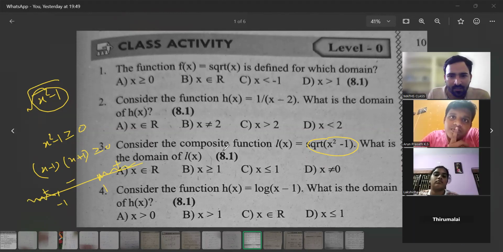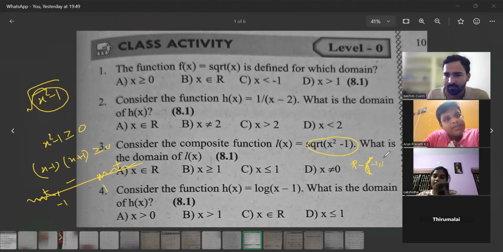It is saying consider a composite function, square root of x square. What is the domain of this function? There should be an option R minus (minus 1 to 1).